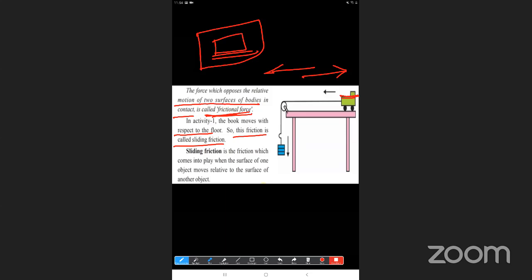So sliding friction is the friction which comes into play when the surface of one object moves relative to the surface of another object. Here, the book is moving on the table or floor. Yes, here the book moves relative to the surface of the table. The surface of the book moves relative to the surface of the table.